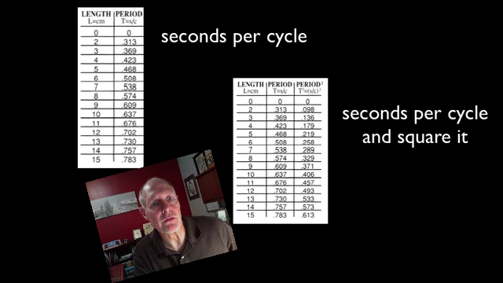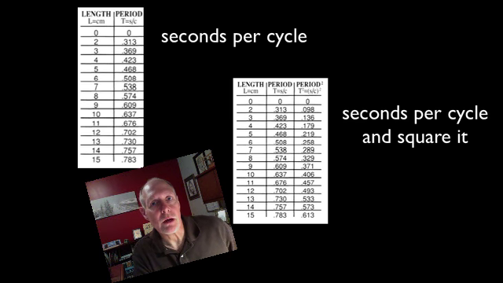In this case, the period is listed as seconds per cycle. So how many seconds or parts of a second does it take to make a cycle? You can see from that table that a length of 2 centimeters takes 0.313 seconds to complete a cycle, whereas a length of 15 centimeters takes 7/8 of a second to make a cycle.